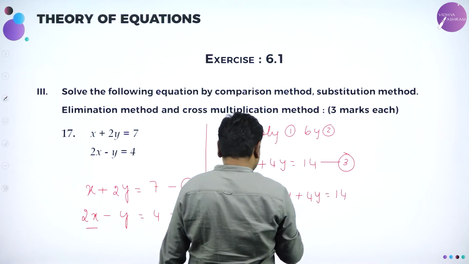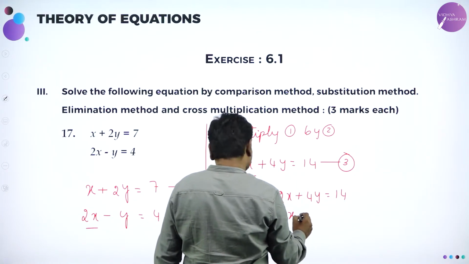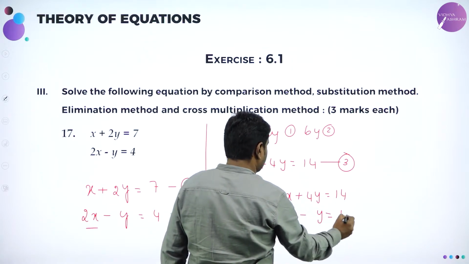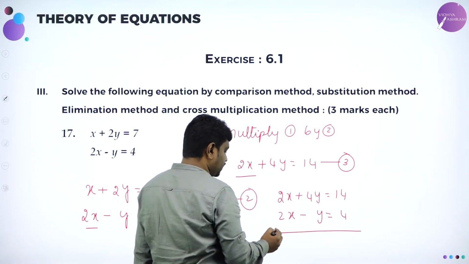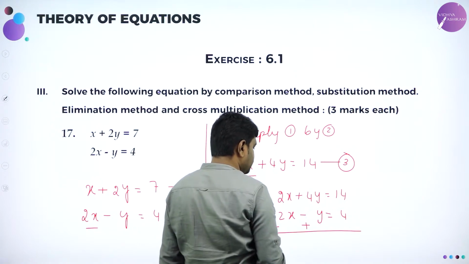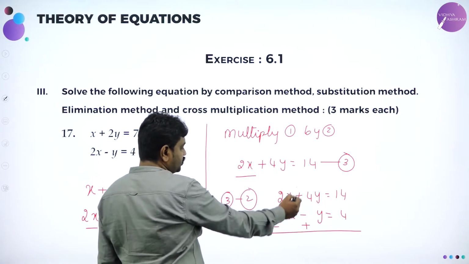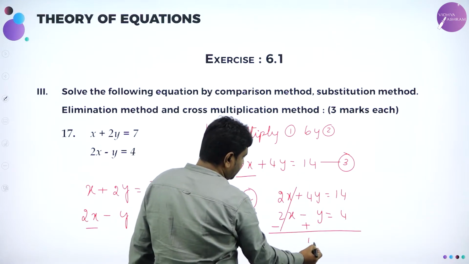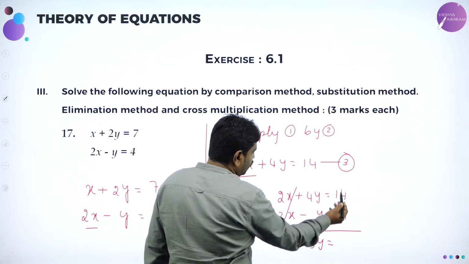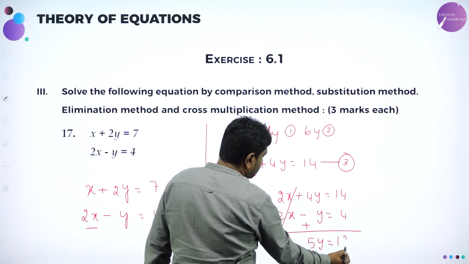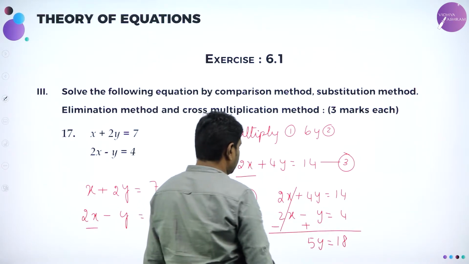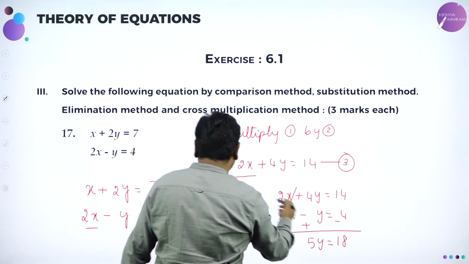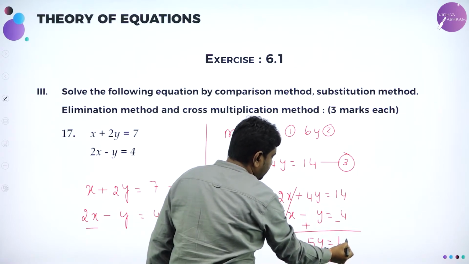And equation 2 is 2x minus y is equal to 4. Now we'll subtract. When you subtract, the sign changes. So 2x minus 2x cancels. After you change the sign, it becomes plus, 4y plus y is 5y. Now, sorry, subtracting: 14 minus 4 is 10.